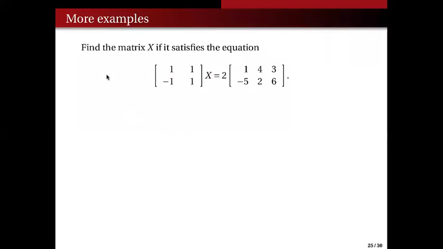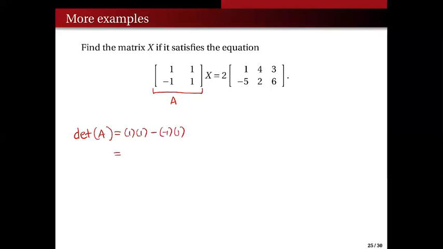Next, let's have this example. Find the matrix X if it satisfies this equation. Again, we will let this be the matrix A. And now, we have the determinant of A. This is 1 times 1 minus negative 1 times 1.